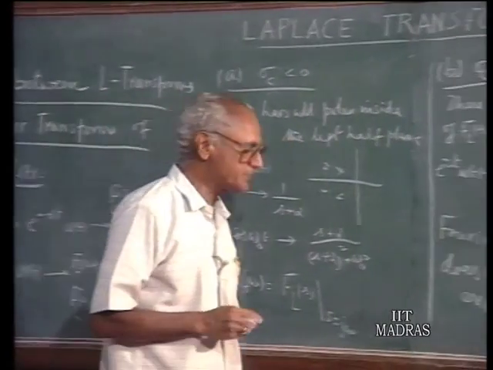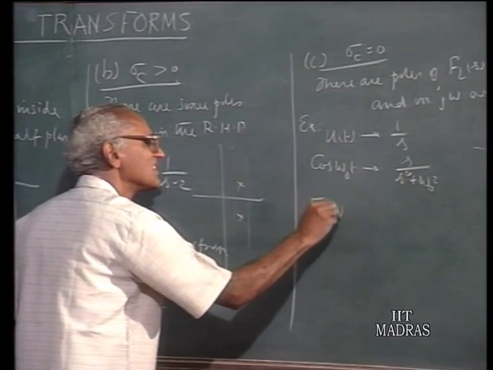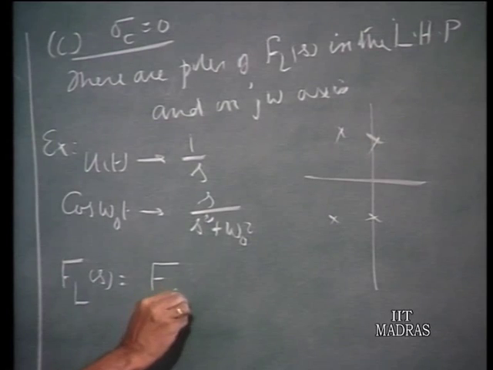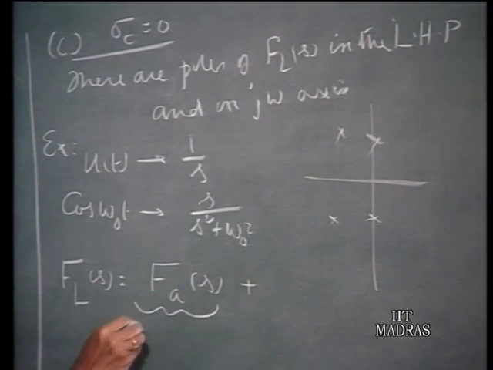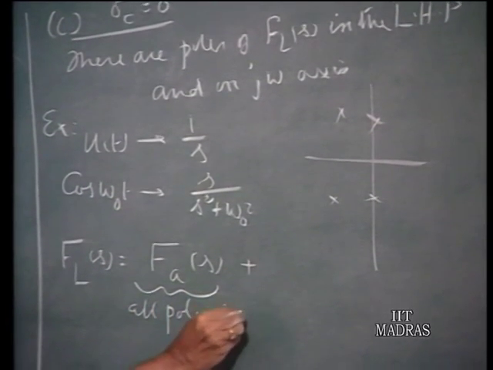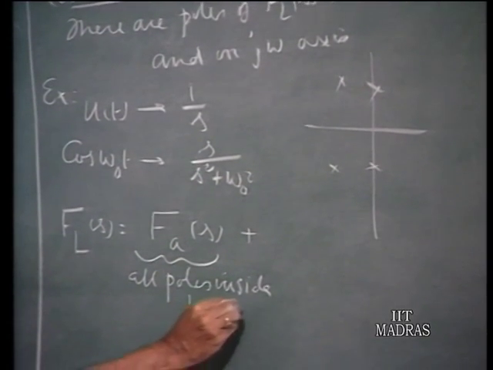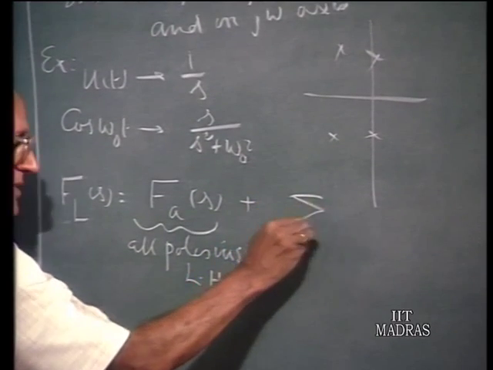The general rule is F L of s in general will have F A of s, which has all poles inside the left half plane, plus some poles which are on the imaginary axis.